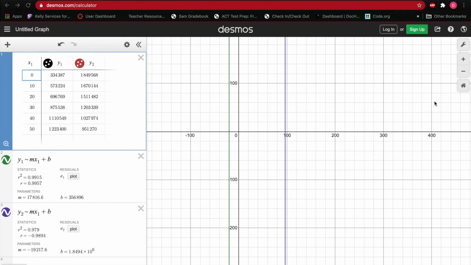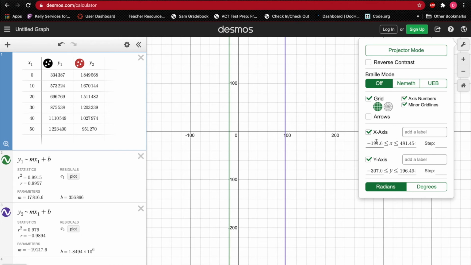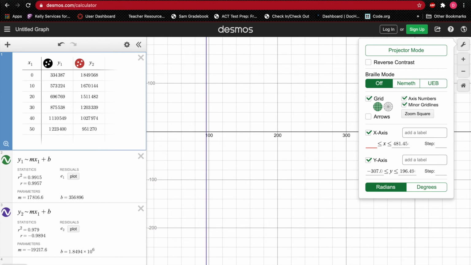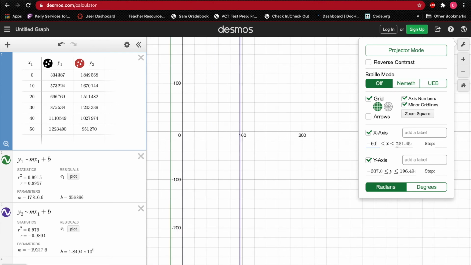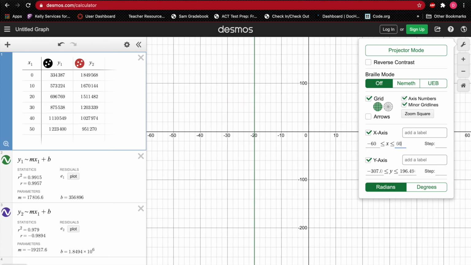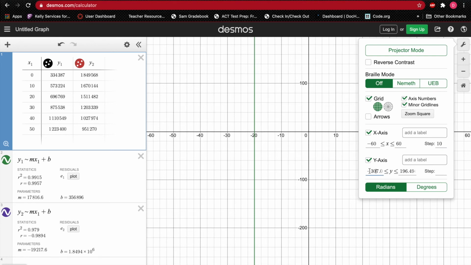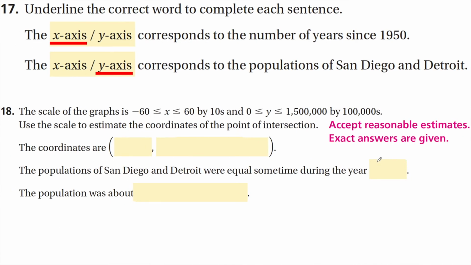So let's take a look at what this would look like if we were to scale that graph appropriately. So the x went from negative 60 to 60. There we go. And we're increasing by tens each and every time. And then we had our other y value, which was starting at 0 and increasing to our 1.5 million.